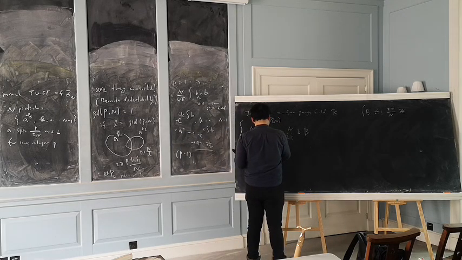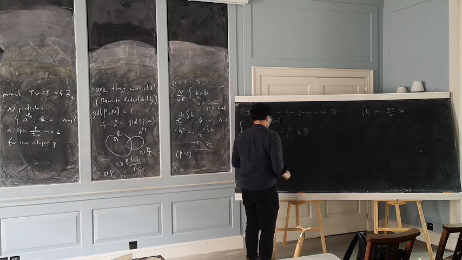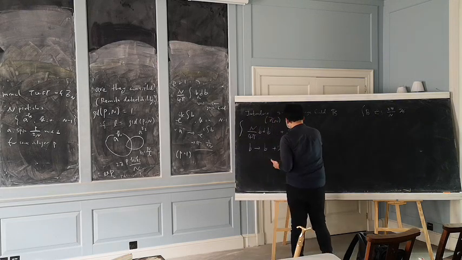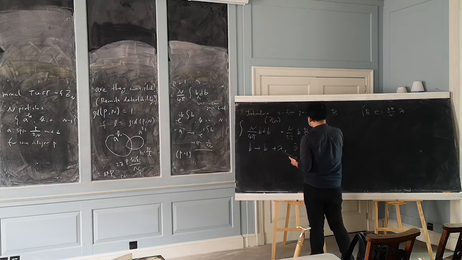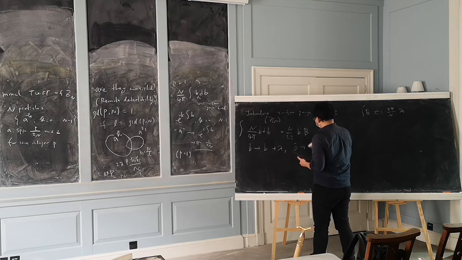So you shift the gauge field by some gauge parameter, and then you transform the background gauge field in a similar way.